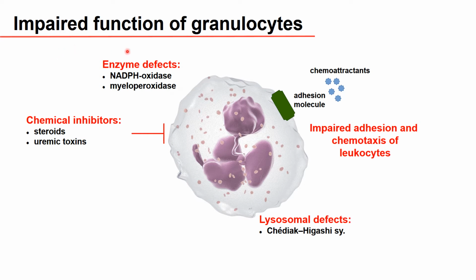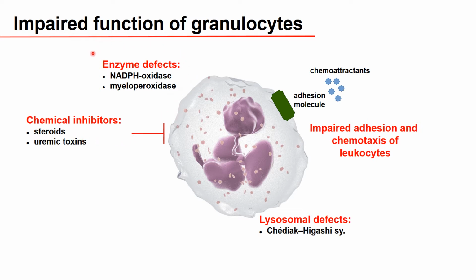Now, the impaired function of the granulocytes. There are several functions of the granulocytes we do have. Let's start. Basically, generally inhibiting the granulocyte function, such as, for example, the steroids or uremic toxins. If somebody is suffering, for example, kidney diseases, that can alter the granulocyte function as well, or if you do have uremia.